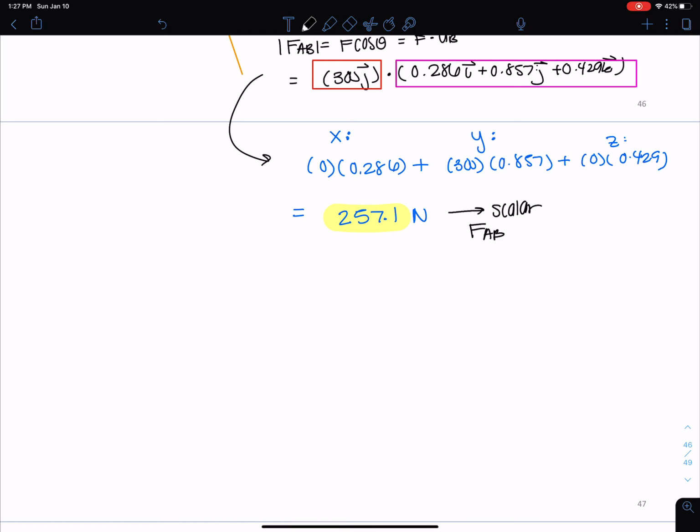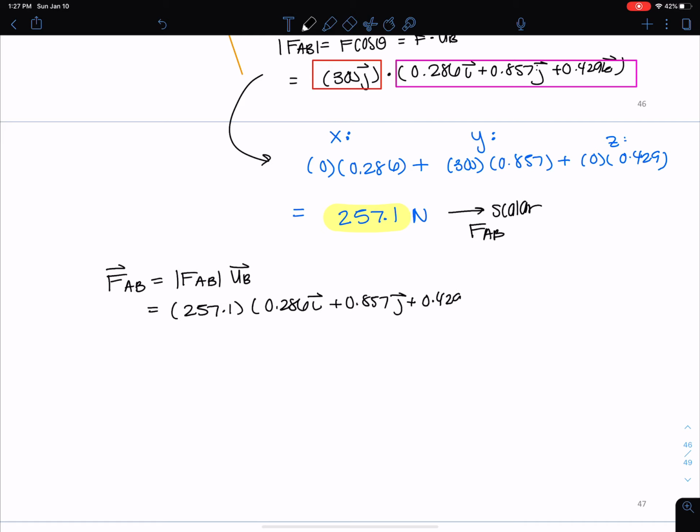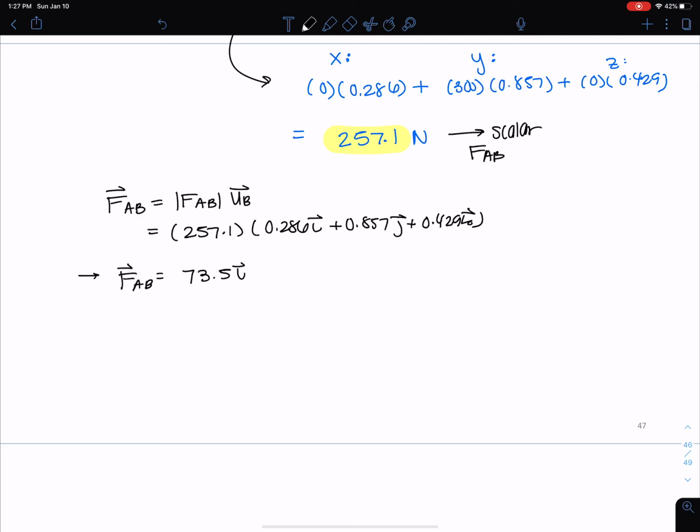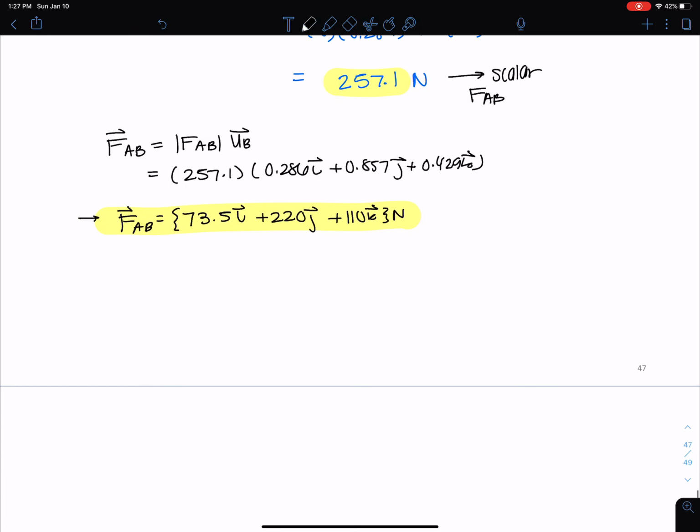If I want the vector FAB, all I have to do is multiply this FAB magnitude that I have times the unit vector at B. So I would get 257.1 times 0.286 in the I, plus 0.857 in the J, plus 0.429 in the K, and I can now get my Cartesian vector formulation for FAB, which is 73.5 in the I, plus 220 in the J, plus 110 in the K, and this is all in newtons.